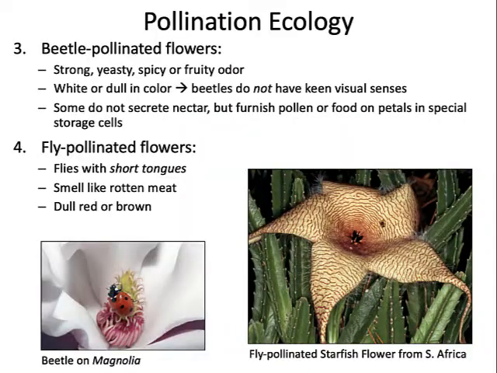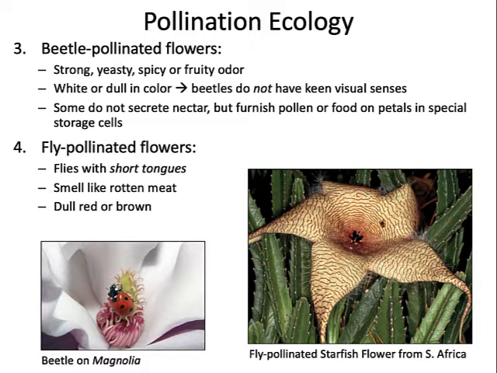Our next group is the beetle-pollinated flowers. Beetles tend to visit flowers with a strong, yeasty, spicy, or fruity fragrance to them. However, the flowers are usually white or dull in color because beetles don't have keen visual senses.